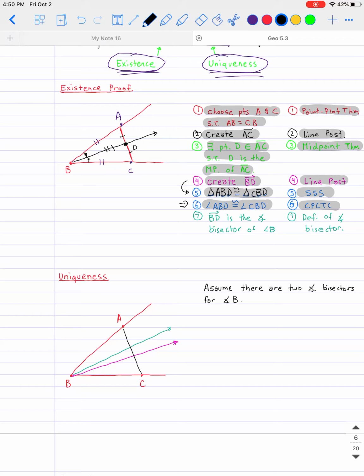And then on that line segment AC, by the line postulate, I'm going to say that the intersection with the first angle bisector, we'll call that D. And the intersection with the other angle bisector, we'll call F. So in this case, I'm saying that BD is the angle bisector, right? BD is the angle bisector. And then also, BF is going to be my angle bisector.